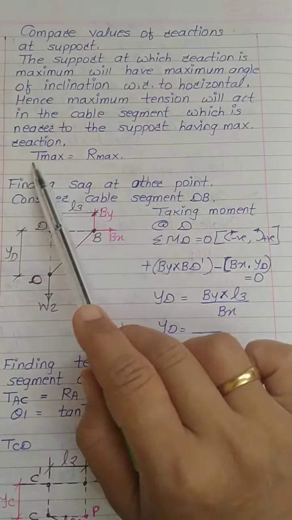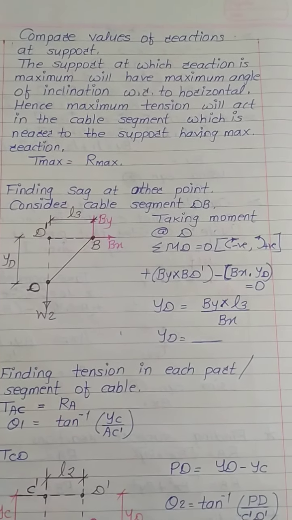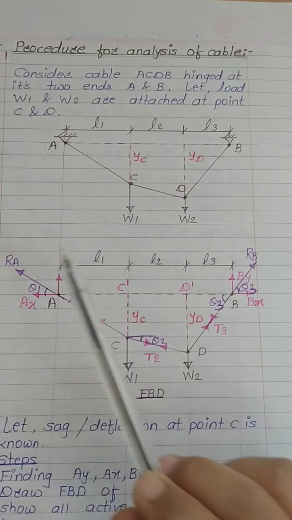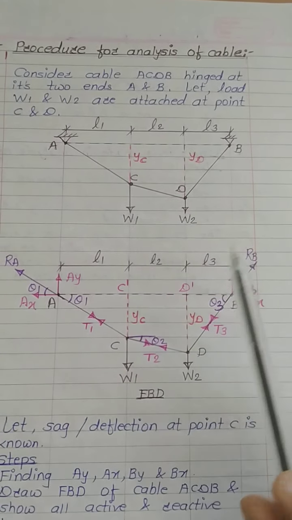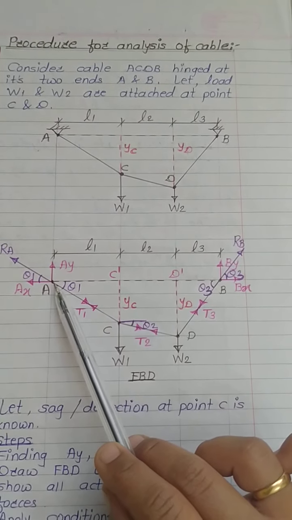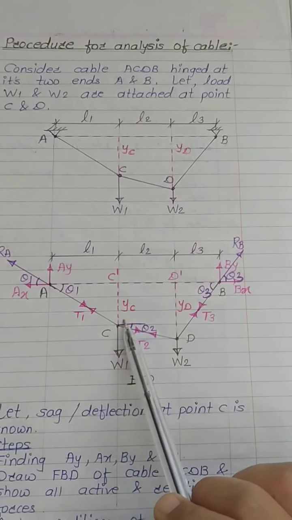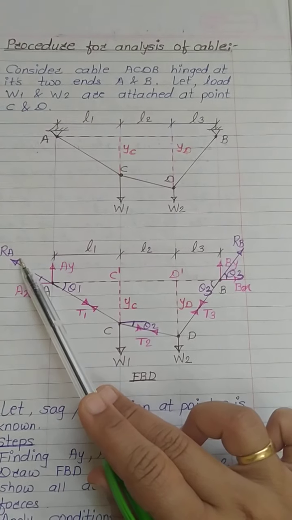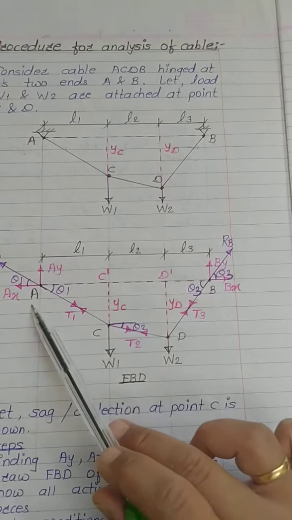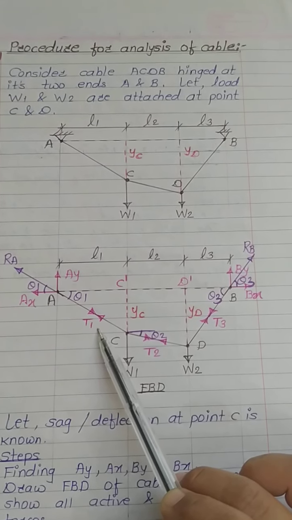So, Tmax equals Rmax. If your Ra is more than Rb, then whatever is the magnitude of Ra will be the same force acting in this segment AC. So Ra equals TAC, the tension in part AC, which is T1.